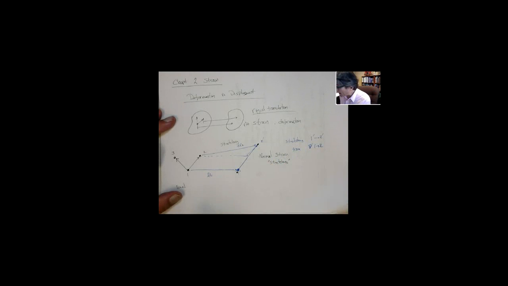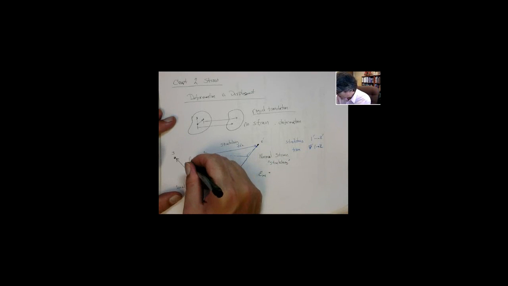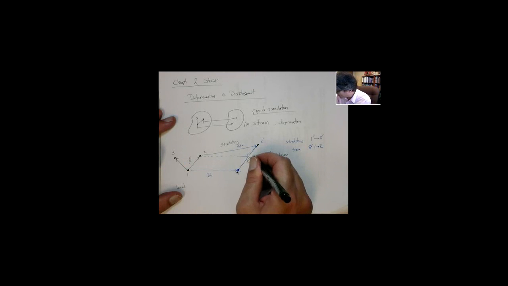Okay? And the mathematical definition of this normal strain, from 1 to 2, right, let's call this L, and I'll call this L prime, okay?